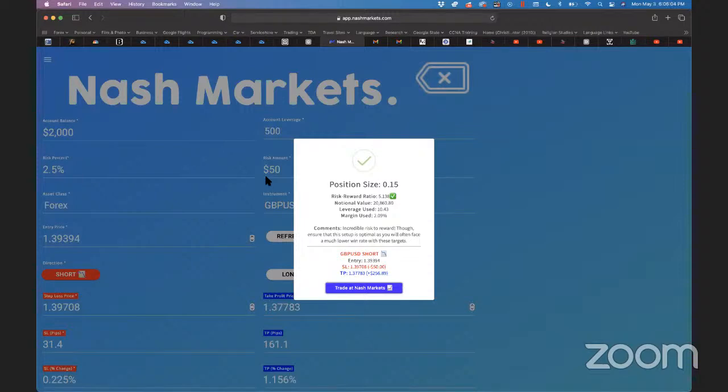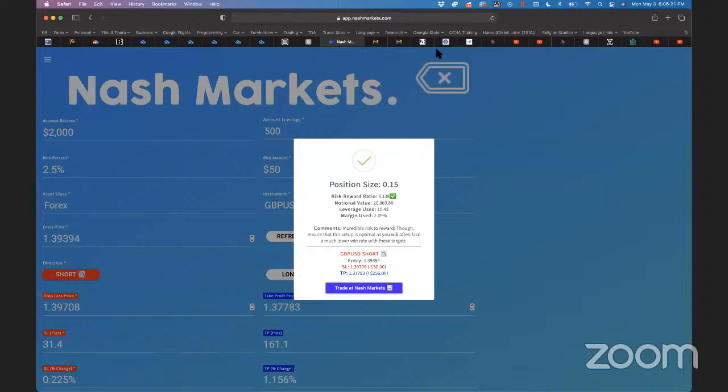So if you know going into this that anytime I enter a trade, there should be no trade that is going to make me lose over $50, right?